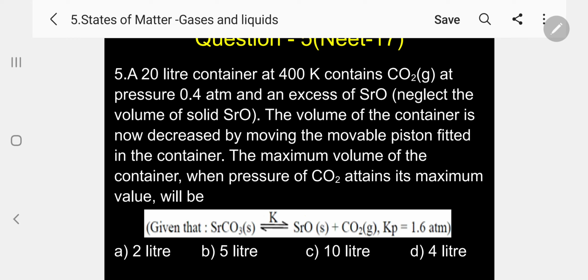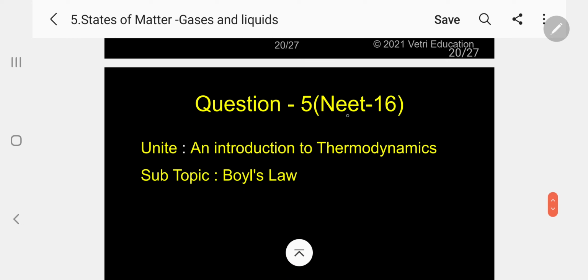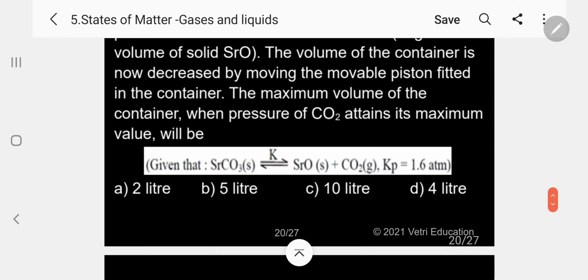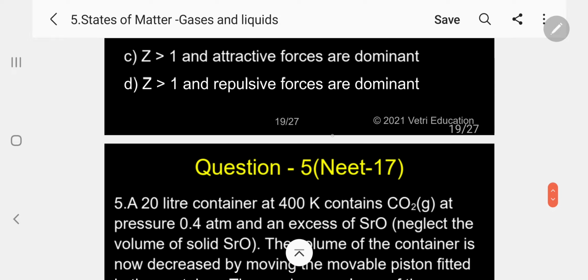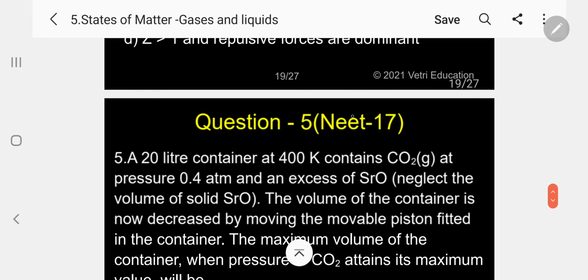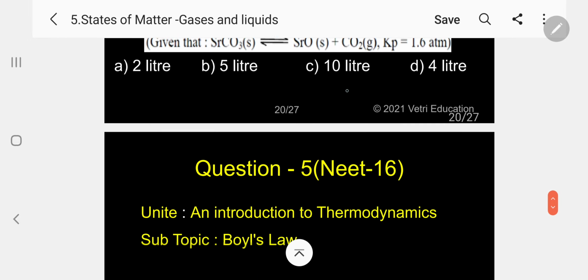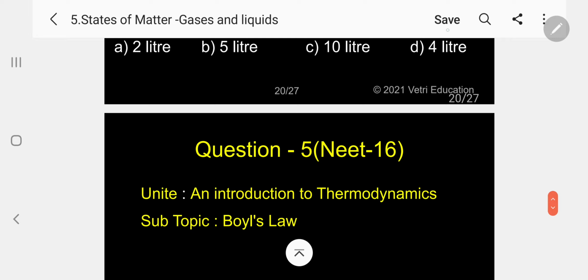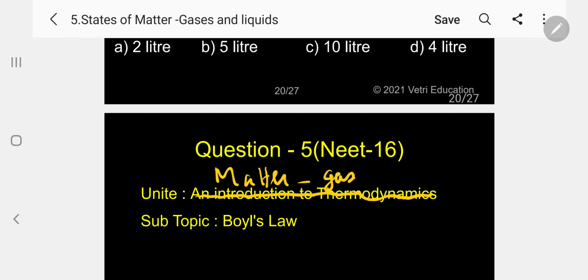So let me go for, as usual, the topic. So this is actually given wrongly. This is coming under matter, gases and liquids.